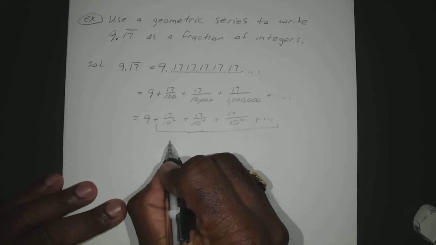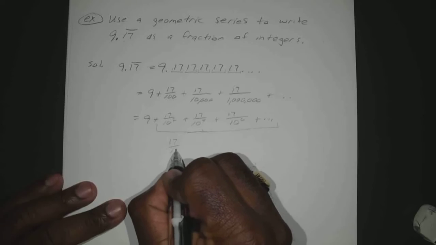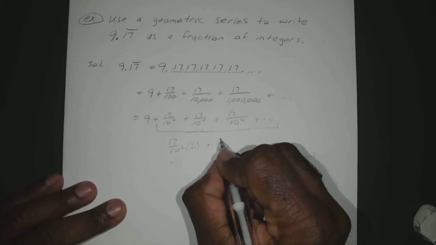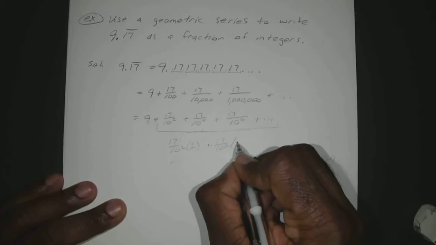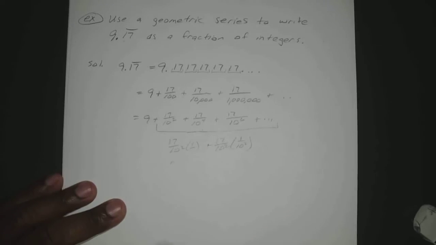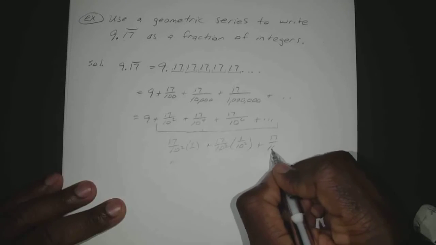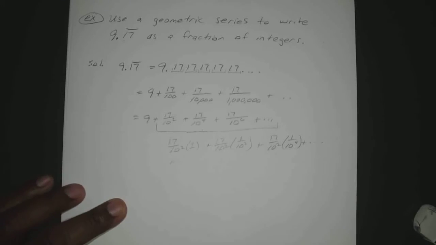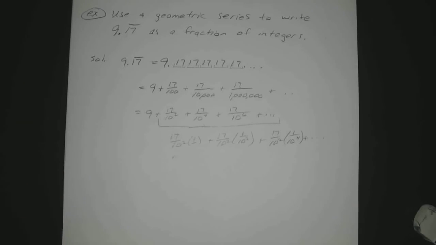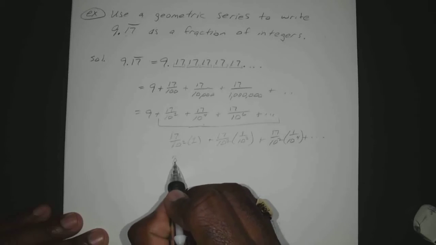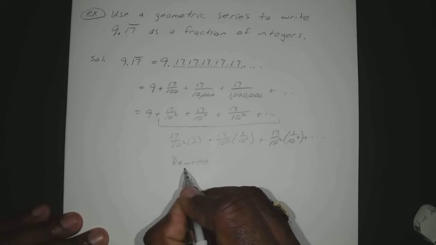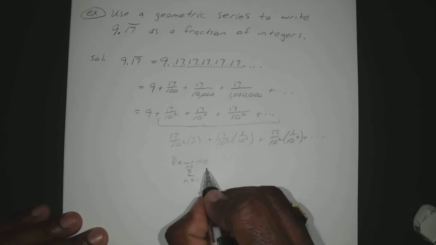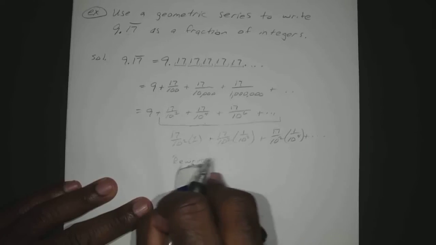Okay, so this is actually 17 over 10 squared times 1, plus 17 over 10 squared times 1 over 10 squared, plus 17 over 10 squared times 1 over 10 to the 4th, and it keeps on going. So that's why we can actually rewrite this as a sum from n equals 1 to infinity. Bring that down a little bit so it's not so cramped.